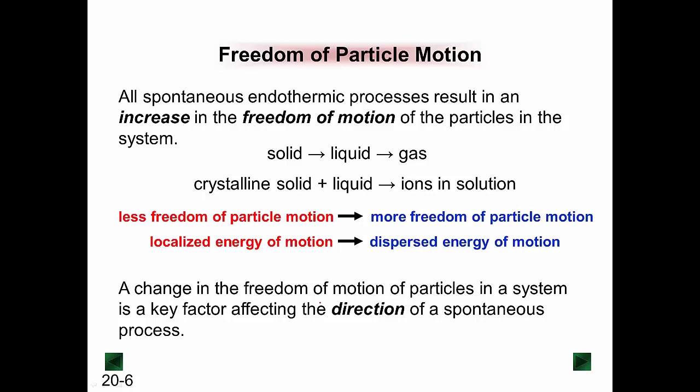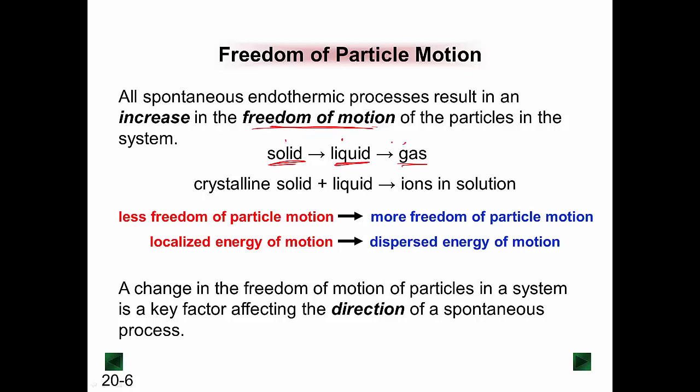So what we find is that if we move from the solid state to the liquid state to the gas state, we have dramatically increased the freedom of motion of particles. So we are increasing the freedom of motion in moving from this state to this state to this state.